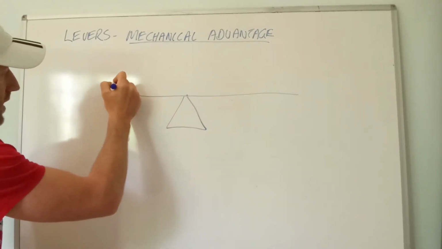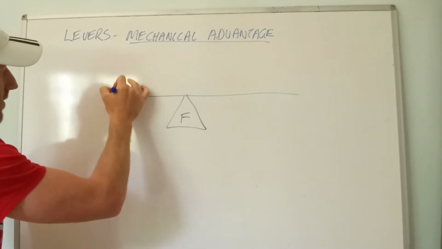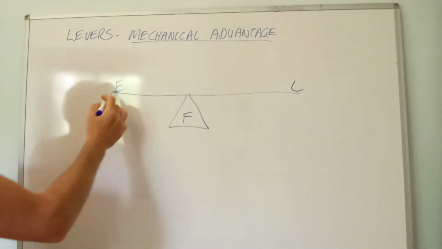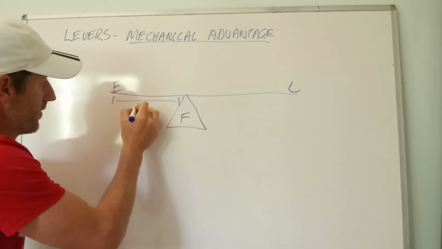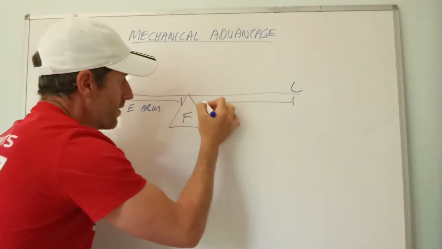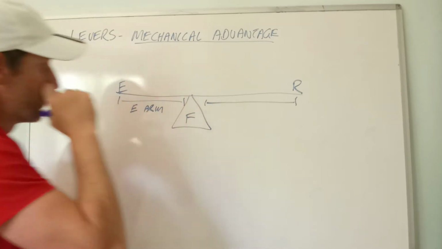So this is the fulcrum, and you have the effort and the load. This is shorter, that's the effort arm, the E arm, and this here is the resistance arm. Sorry, I keep saying load, but you need to remember it's resistance.